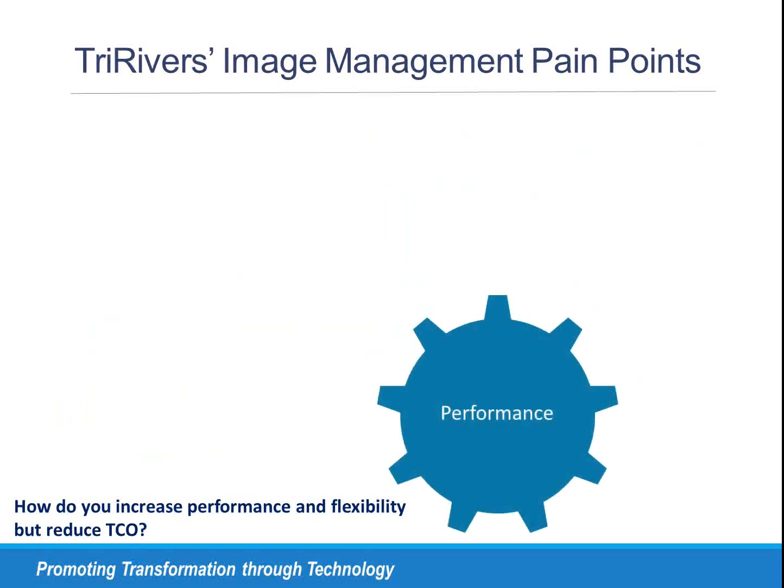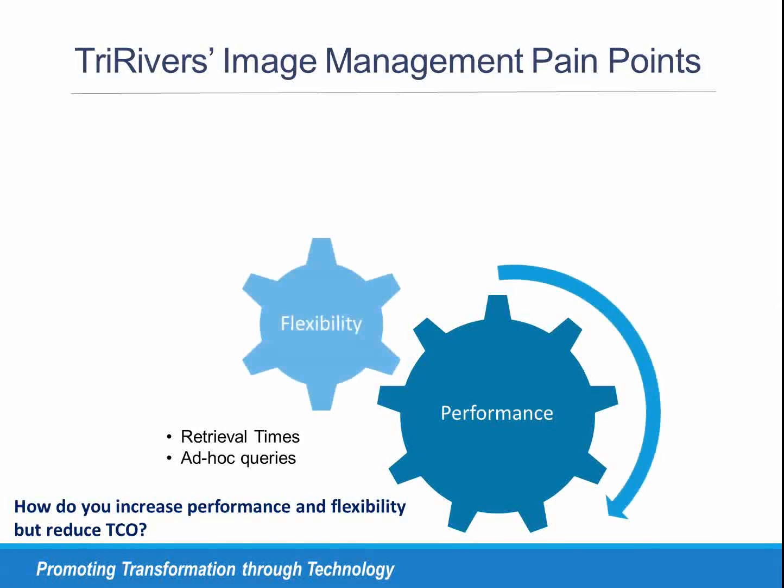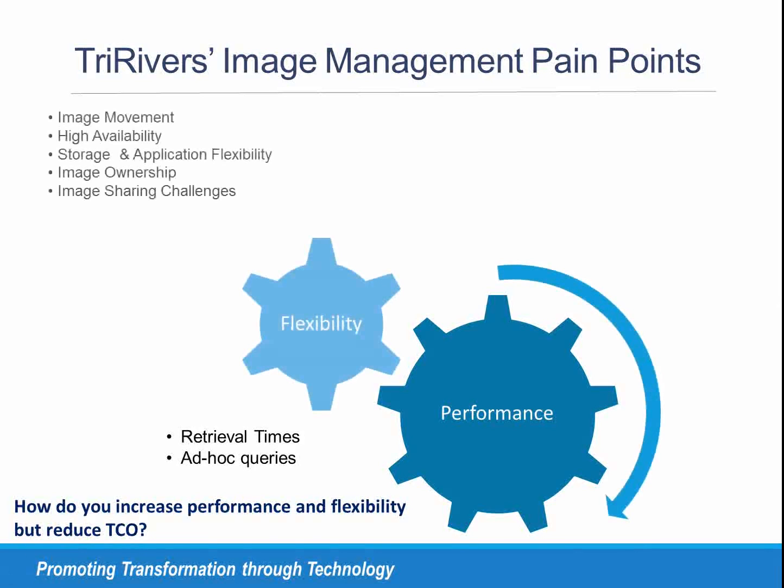What we were after is a way to take performance in terms of improving the retrieval times, improving how ad hoc queries to the archive data, the PACS data, were accessed. We wanted to improve that. In the area of flexibility, what we wanted to do was improve our ability to move images around, make them a lot more highly available, improve our storage and application flexibility, and just improve the sharing challenges.